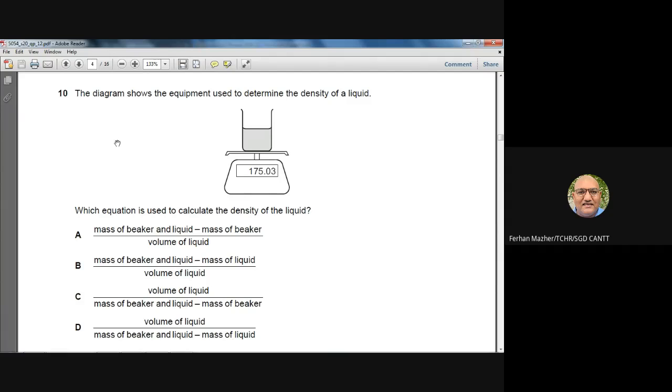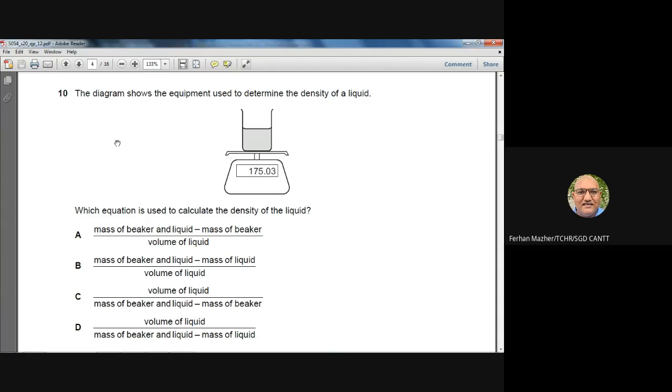Density of the liquid is the mass of the pure liquid divided by the volume of the liquid. That's the formula. So how will I find the mass of the liquid? Take the mass of the liquid and the beaker, and from there subtract the mass of the empty beaker.